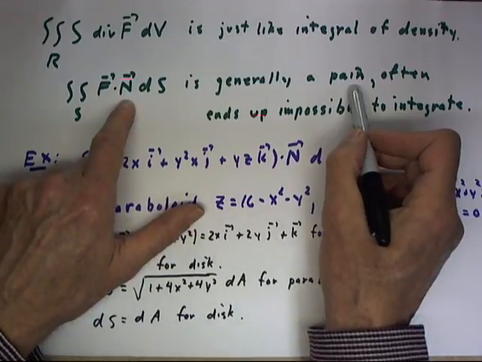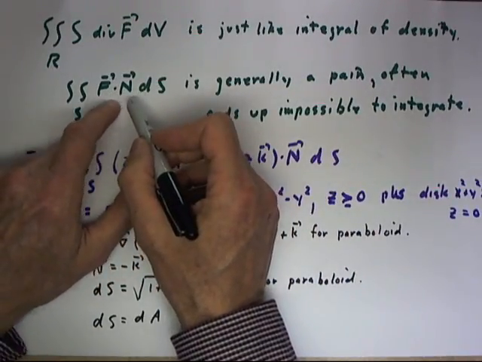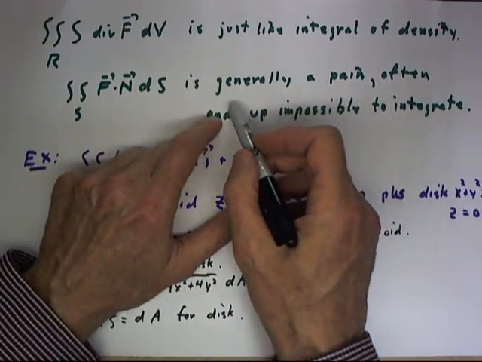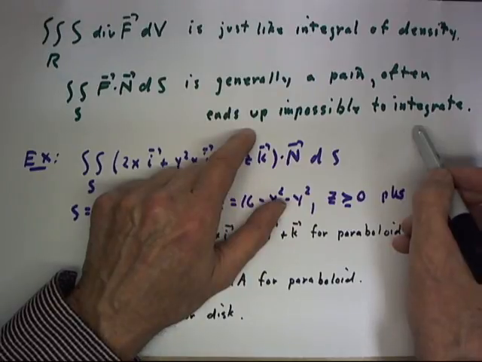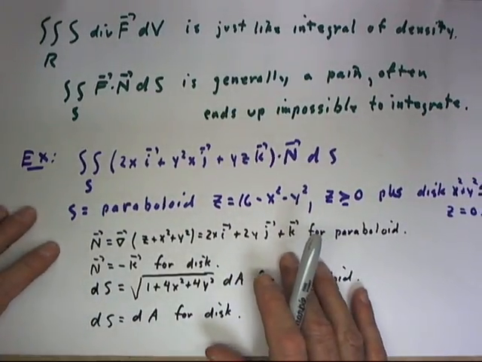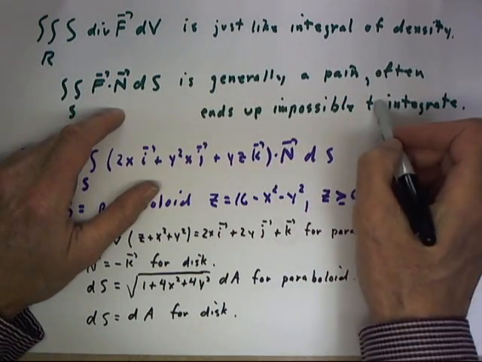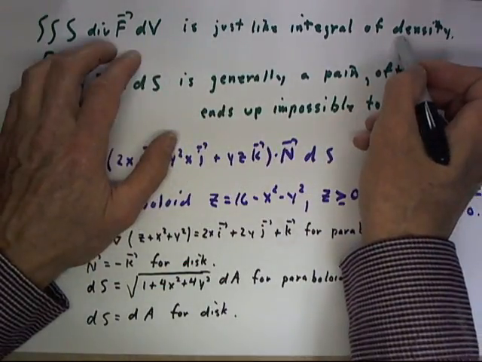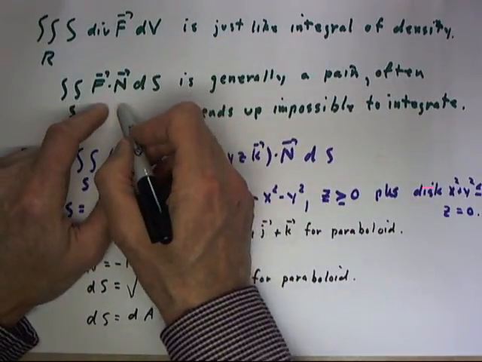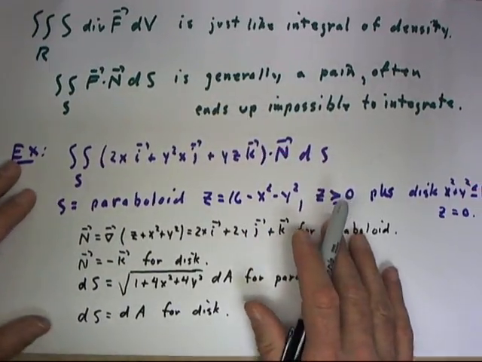Doing the dot product usually isn't a problem if we know the normal vector and our function f. But this is generally kind of a painful integral and often ends up just plain old impossible to integrate. These are actually two unrelated statements, just two observations. We treat this just like an integral of density, and we note that the integral over the surface is often a kind of painful integral, not always.